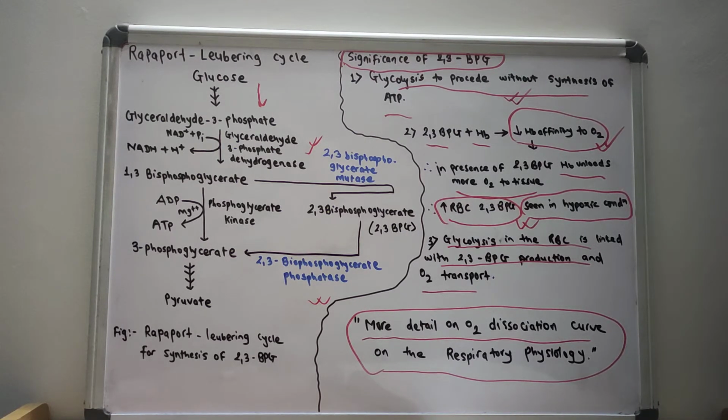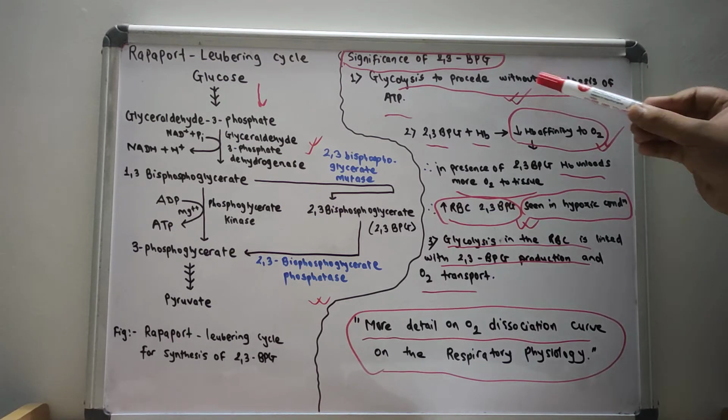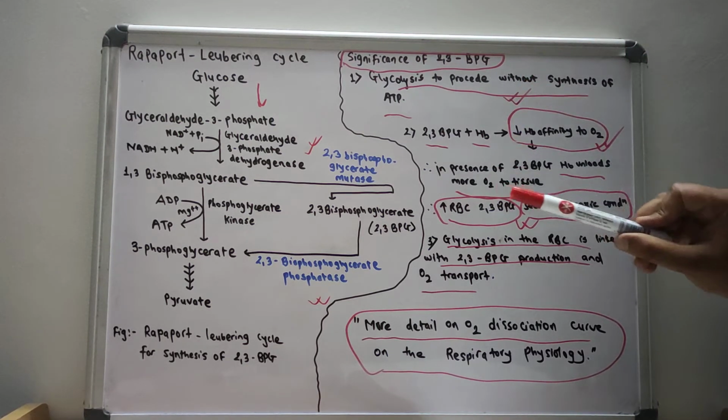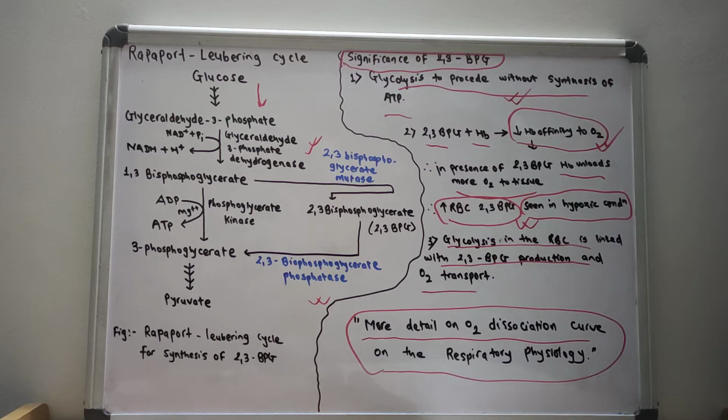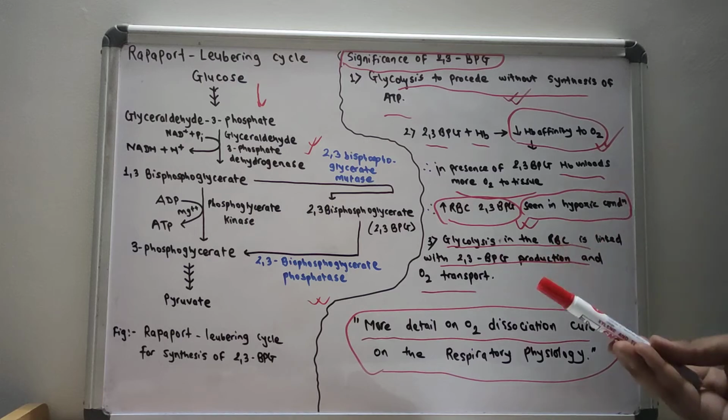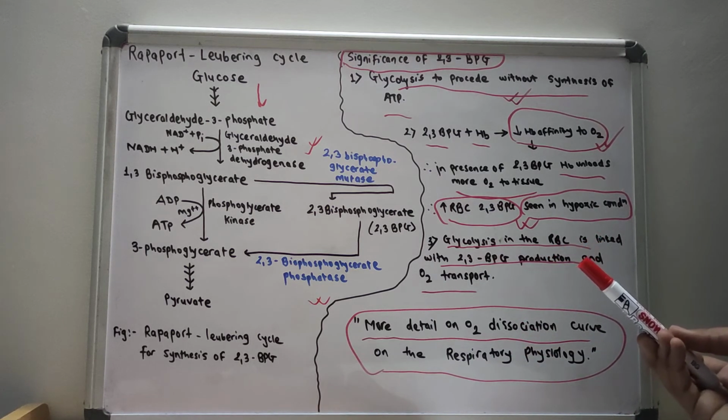The main significance is that it is the shunt pathway in the RBC, and the 2,3 bisphosphoglycerate acts on the hemoglobin to decrease the affinity of oxygen to the hemoglobin, so that the hemoglobin unloads more oxygen to the tissue in the various hypoxic conditions.